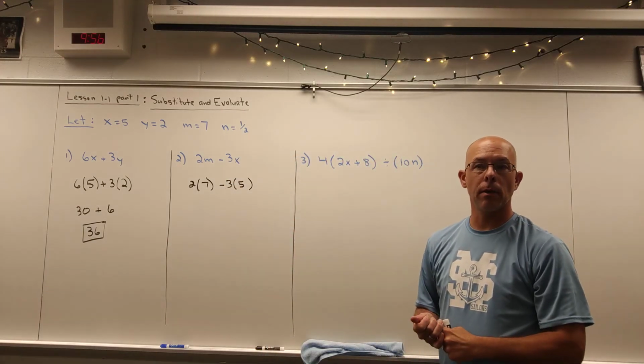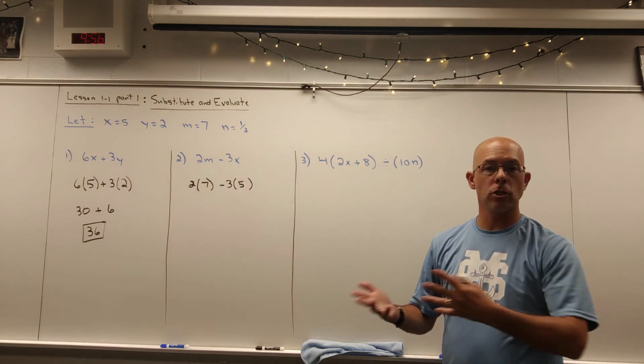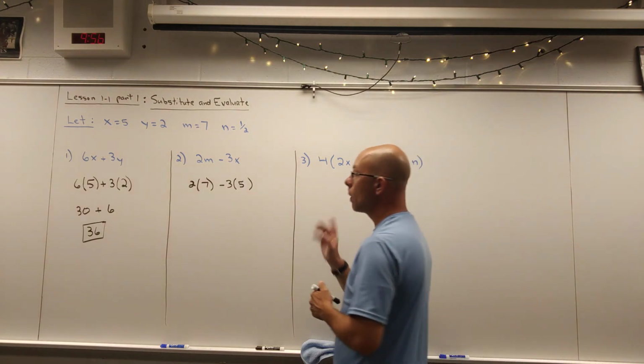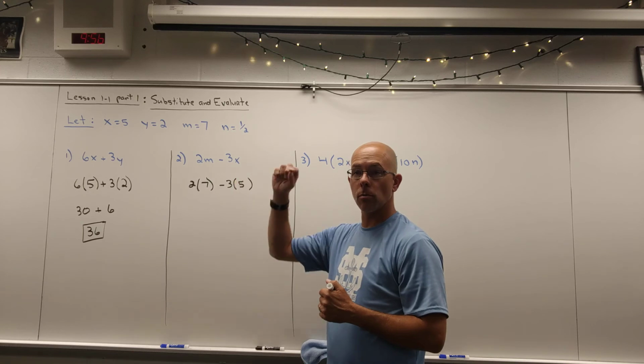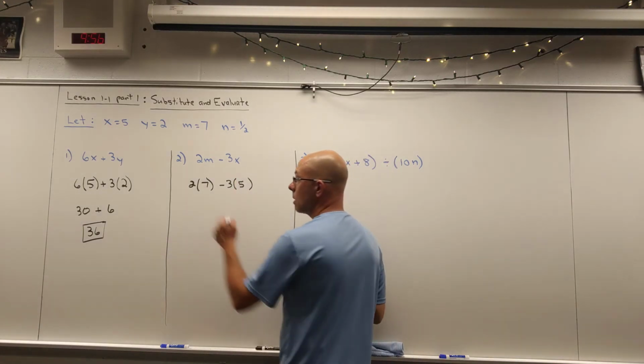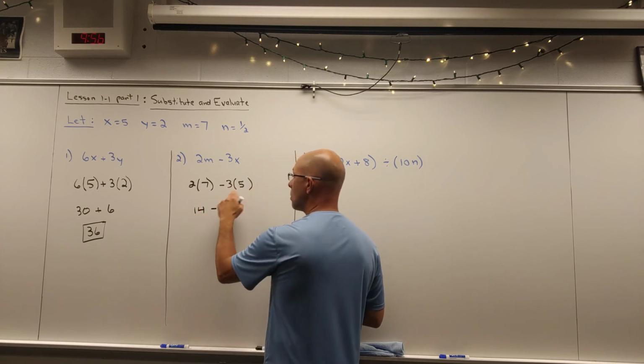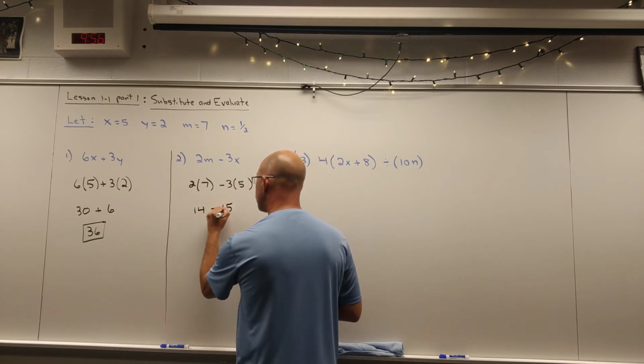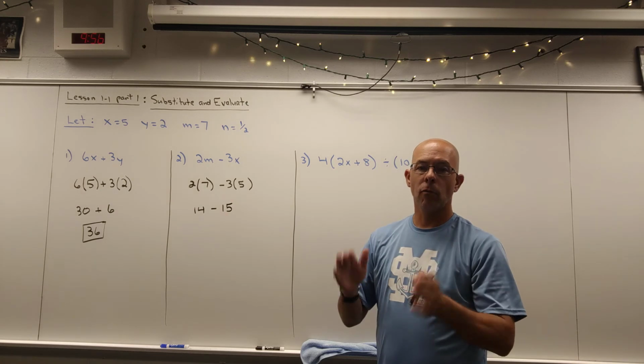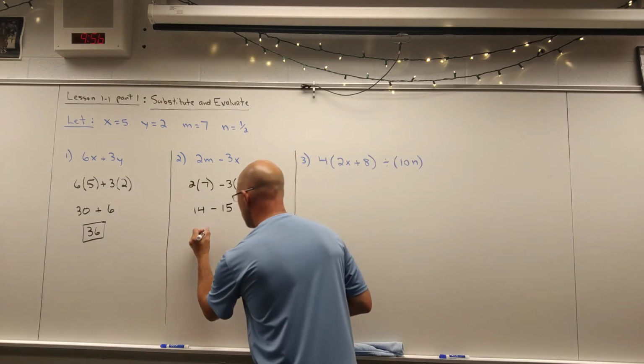So that's sometimes how I will write it instead of the times signs that I originally did in question 1. Multiplication takes precedence over subtraction, so multiplications happen right now, left to right. 2 times 7 is 14, minus 3 times 5 is 15. 14 minus 15, negative 1.